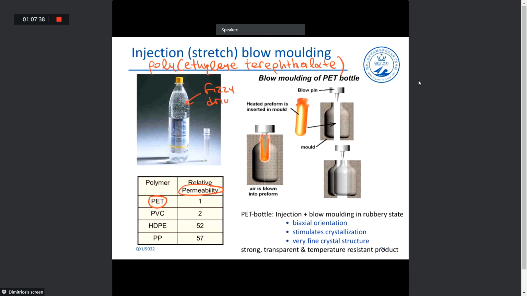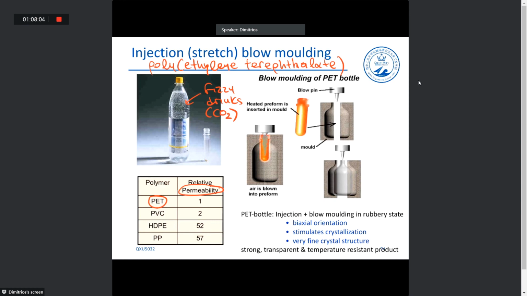I don't remember exactly now, but it's significantly higher than 40-50 degrees, which are temperatures that are generally in the global environment on a very, very warm day. So even in this case, the PET maintains its structural integrity.